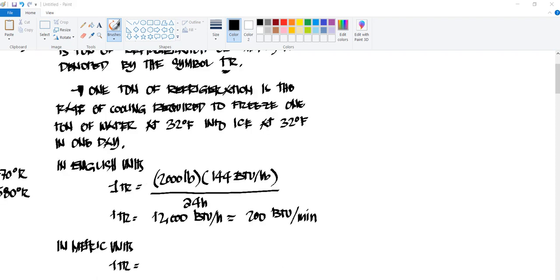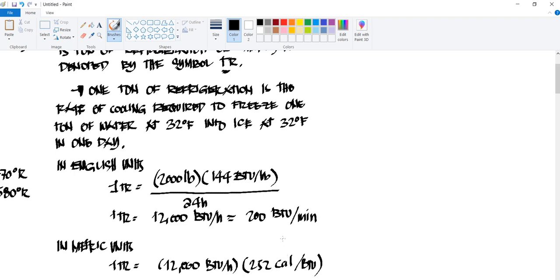Now for the metric, we have 1 ton of refrigerant that will be equal to 12,000 BTU per hour. So multiply by 252 calorie per BTU.